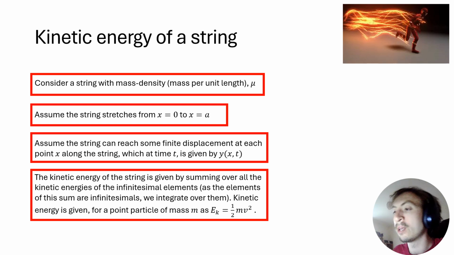We can do the same thing with our string. So in this calculus-based approach, what we do is we consider our extended object, in this case our string, as being made up of many, many small pieces. And then we keep chopping these pieces into more and more segments.